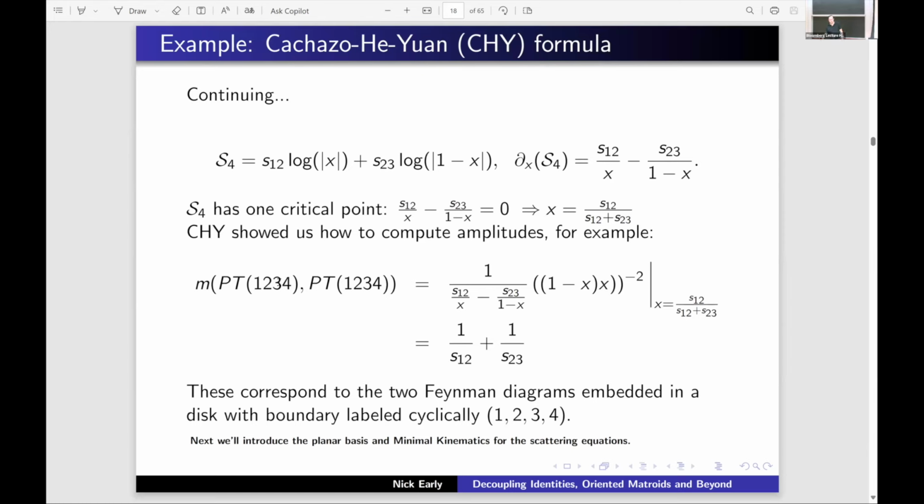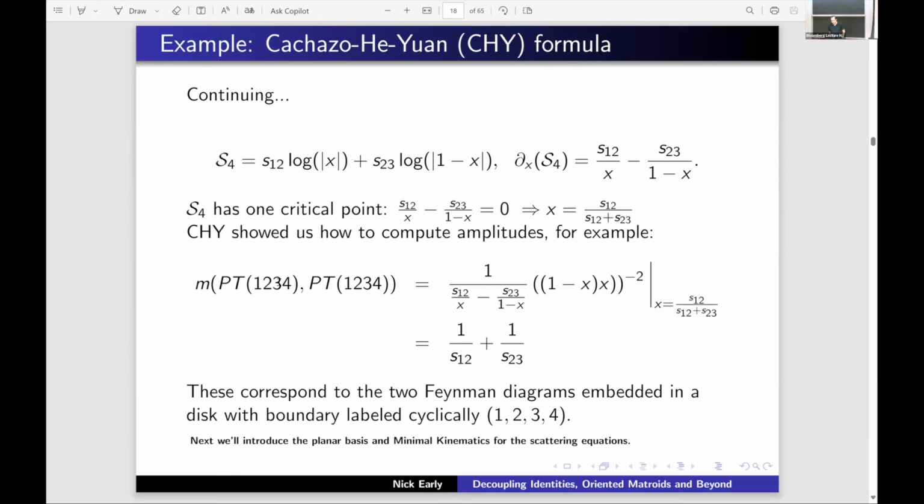So does this formula in general give us planar phi cubed amplitudes? Yes, planar phi cubed, and it has been modified to give rise to a number of others, such as NLSM, special Galileon, Yang-Mills. Yeah, exactly.